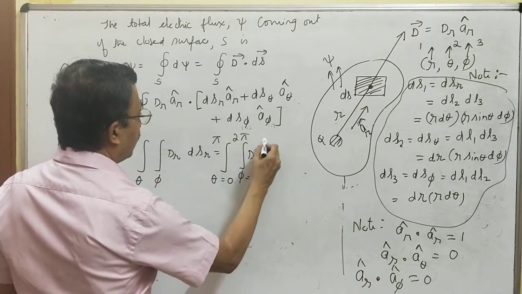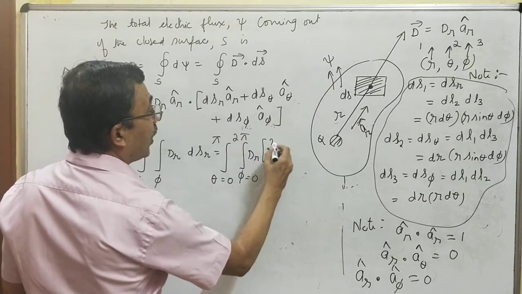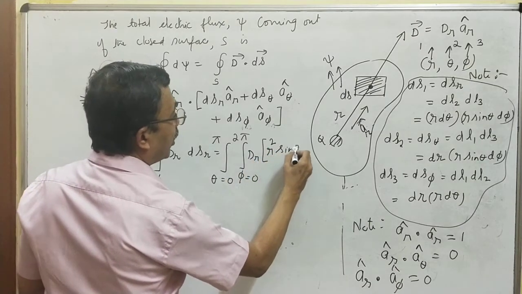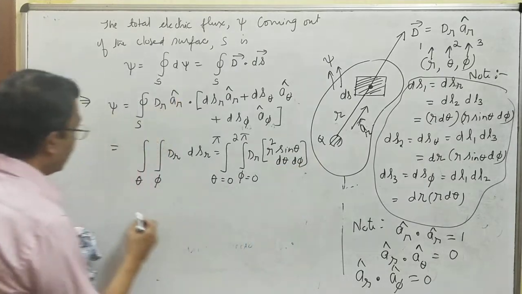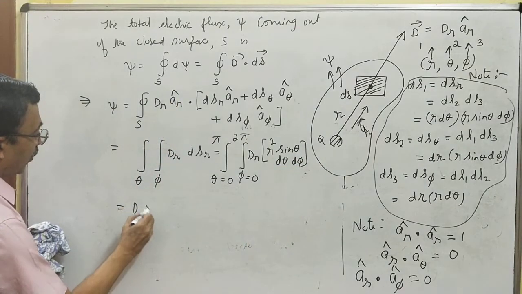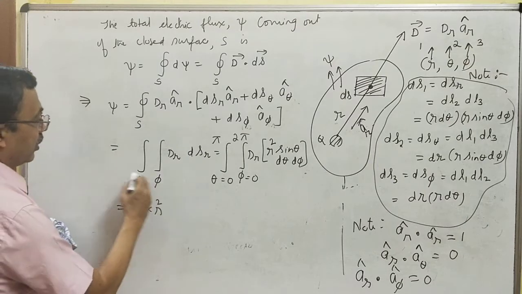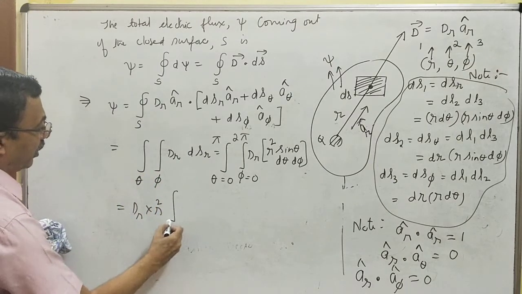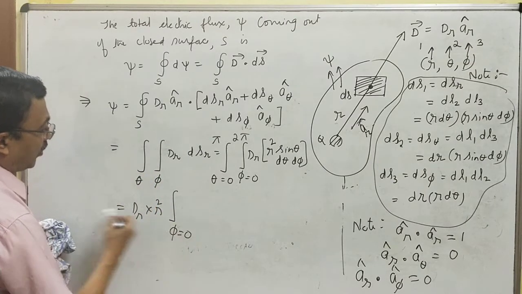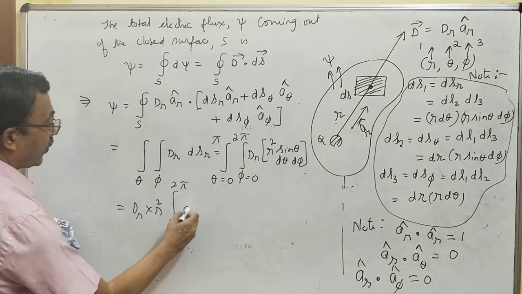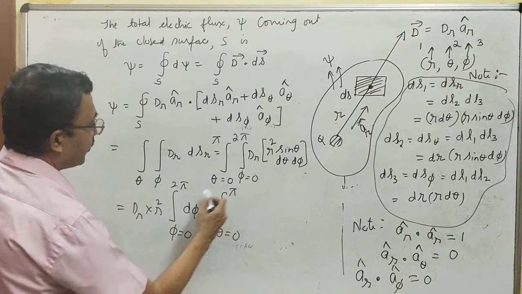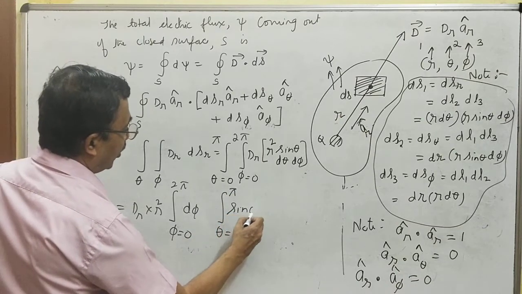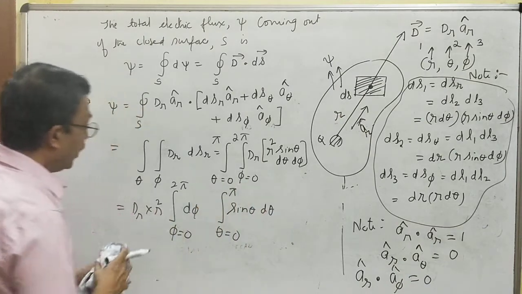Dr into what is dSr? r square sin theta d theta d phi. Now Dr into r square, pull it out. Change the order of integrals. First take variation with respect to phi, then take variations with respect to theta. Sin theta d theta.